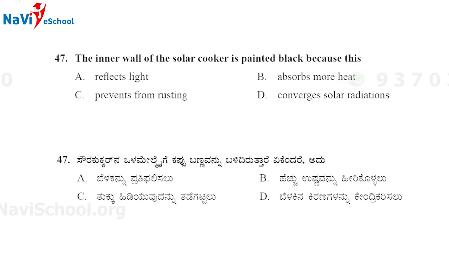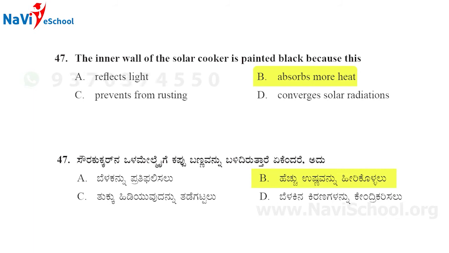Here children, you might have noticed solar panels, especially, they are made of black color only, because black color absorbs more heat. That's why the inner wall of the solar cooker is painted black. Therefore, here option B is correct, which has the answer as absorbs more heat. Got it?